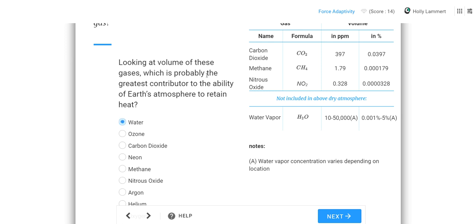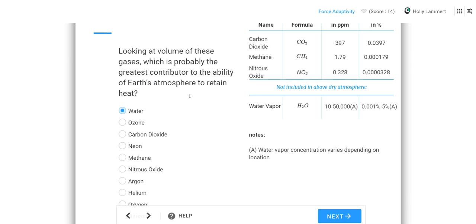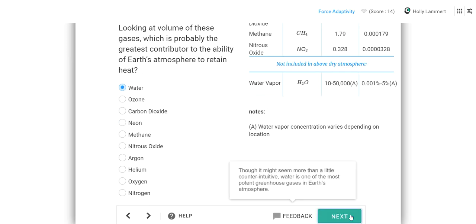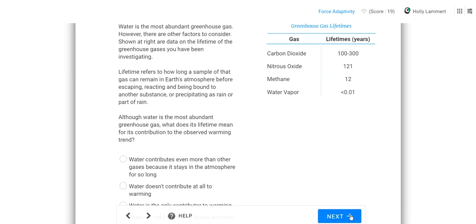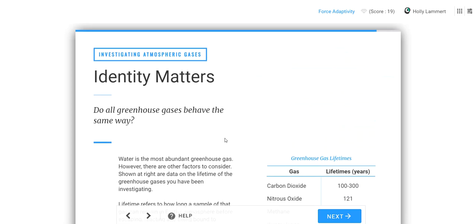It has the most particles, so those are the ones that are going to be heated up by the sun's rays and bounce around, contributing to retaining the heat. So water is one of the most potent greenhouse gases for that reason.